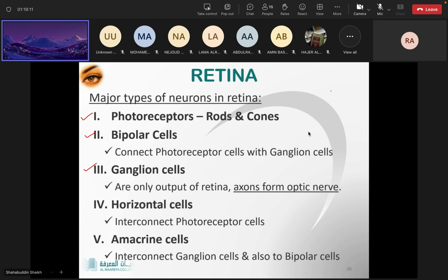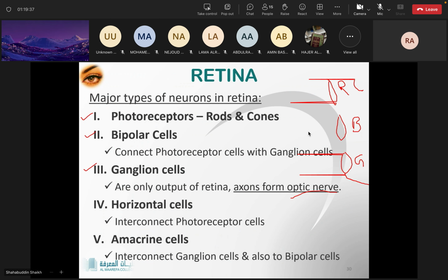So we have receptors here. Then we have bipolar cell and then we have ganglion cell, which are innermost in the retina. And these ganglion cells will give rise to axons which make the optic nerve. So we have ganglion cell here, we have bipolar cell here, and we have rods and cones here.